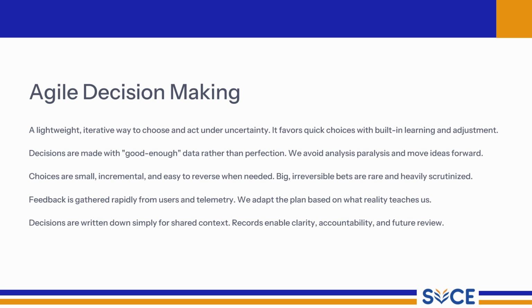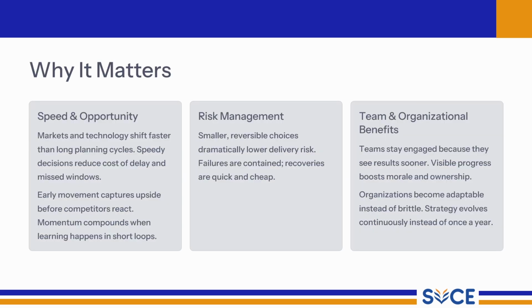Now we'll see in the next slide why agile decision making matters. So what is the use of decision making in agile? It gives you speed and opportunity. Markets and technology shift faster than long planning cycles.